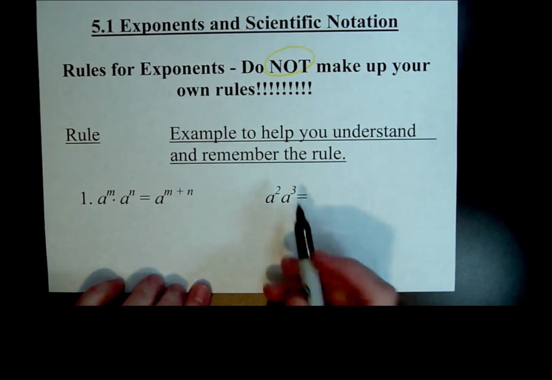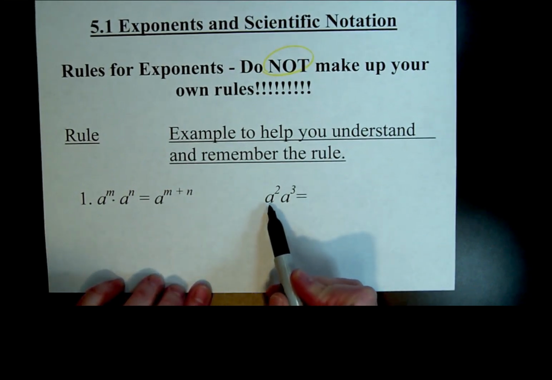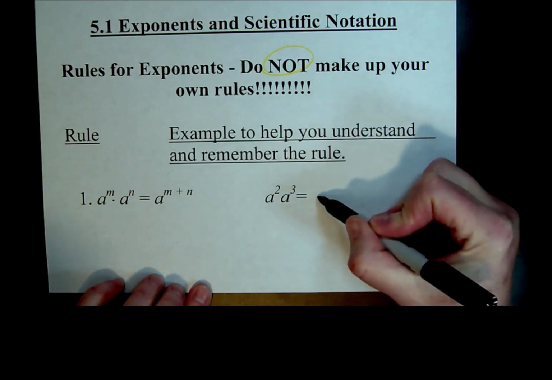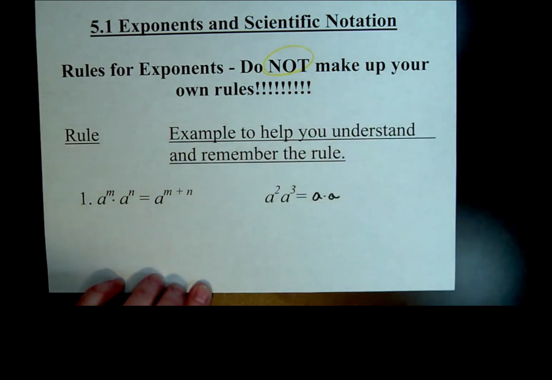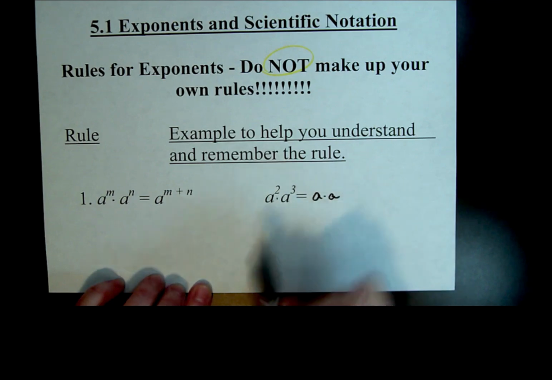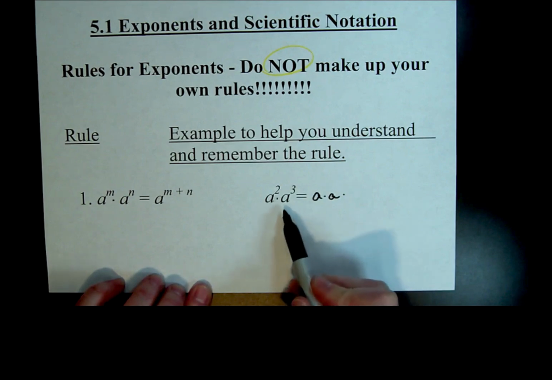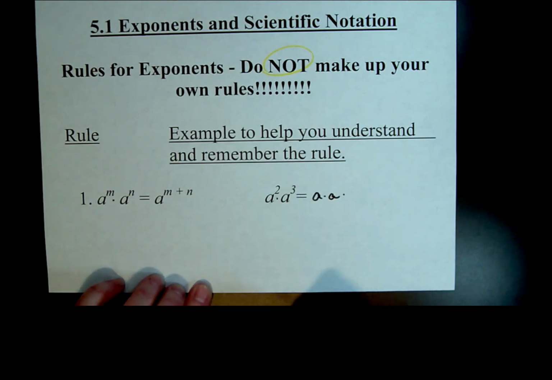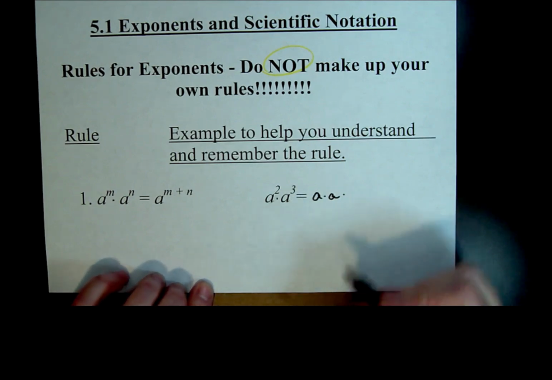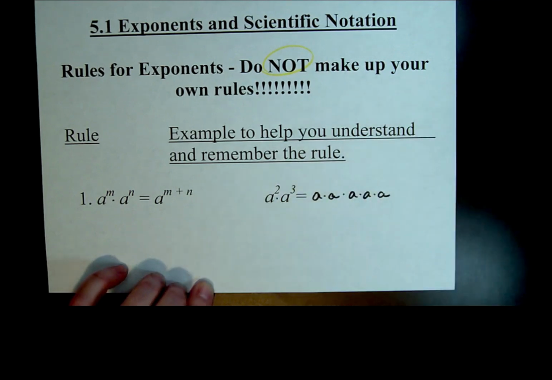Well, let's look at an example to help us understand. What a squared means is a times a, right? And then what's happening next, remember there's an invisible multiplication dot there, so I'll put that in over here as well. I'm multiplying by a cubed. What is a cubed? What does that mean? Well, the exponent tells me I have 3 factors of a, right?